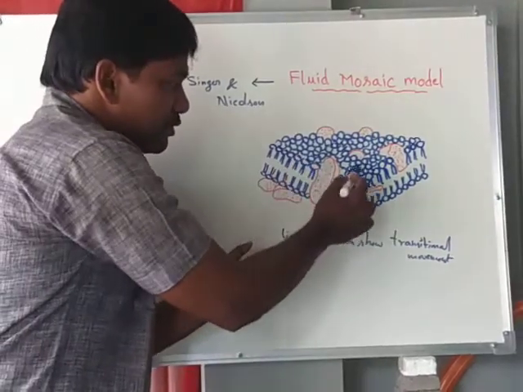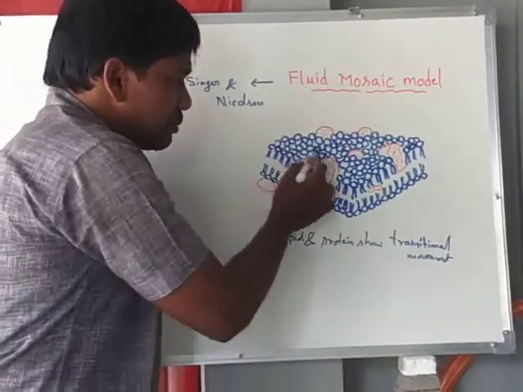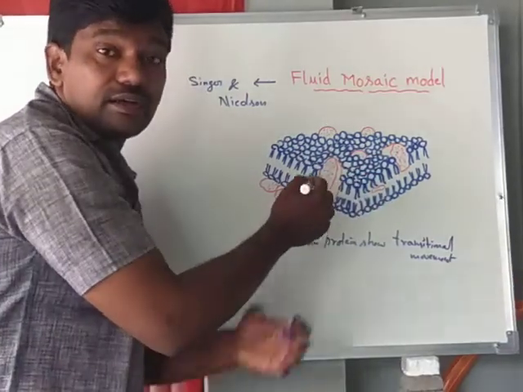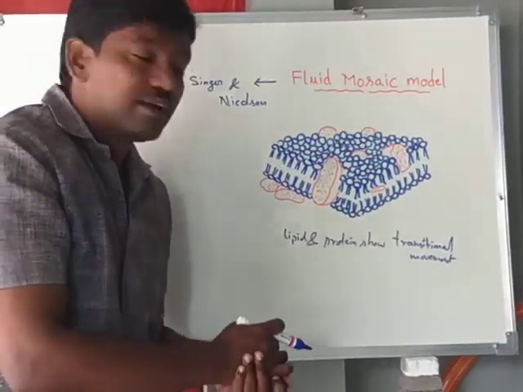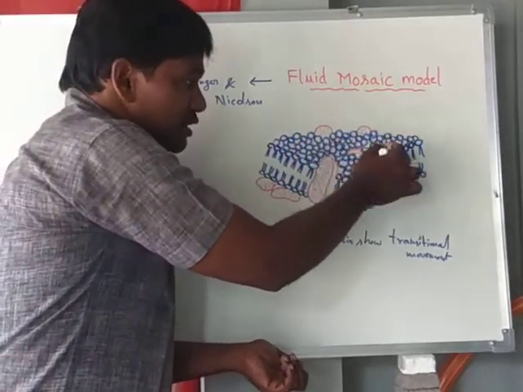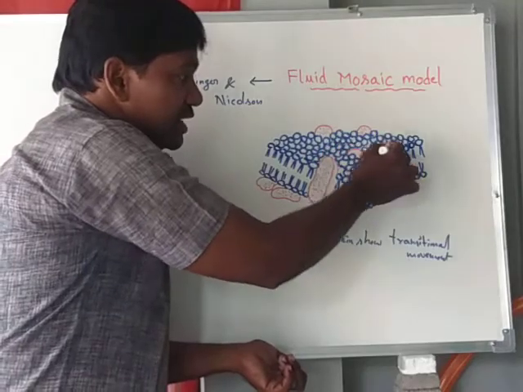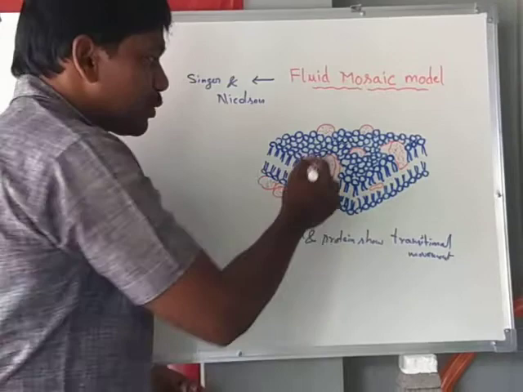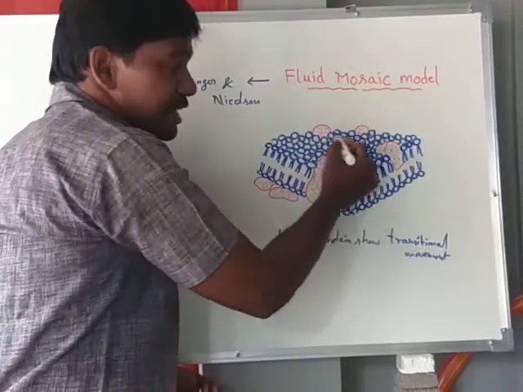These are the phospholipids, and these are the proteins, like floating ice cubes.